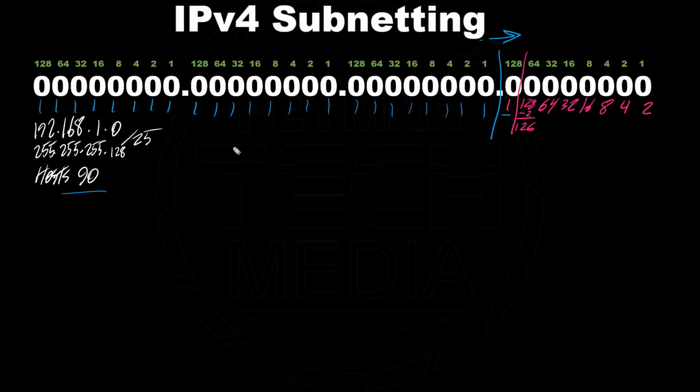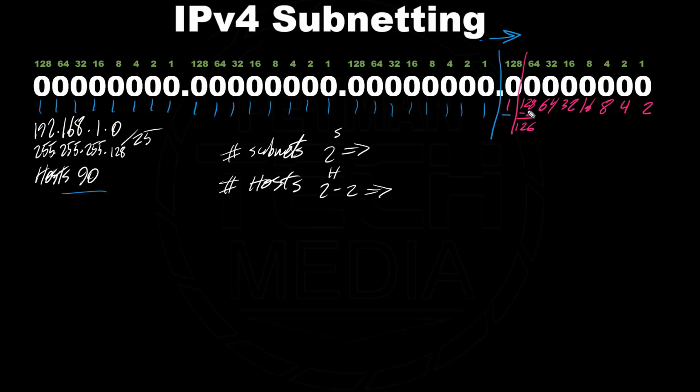Or we talked about this formula: the number of subnets is 2 to the power of subnet bits, and the number of hosts is 2 to the power of host bits, minus 2. Again, minus 2 because of the network address and the broadcast address.